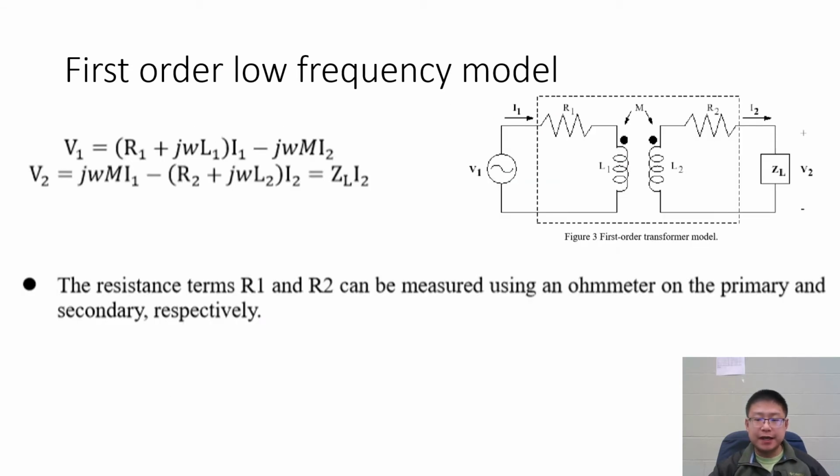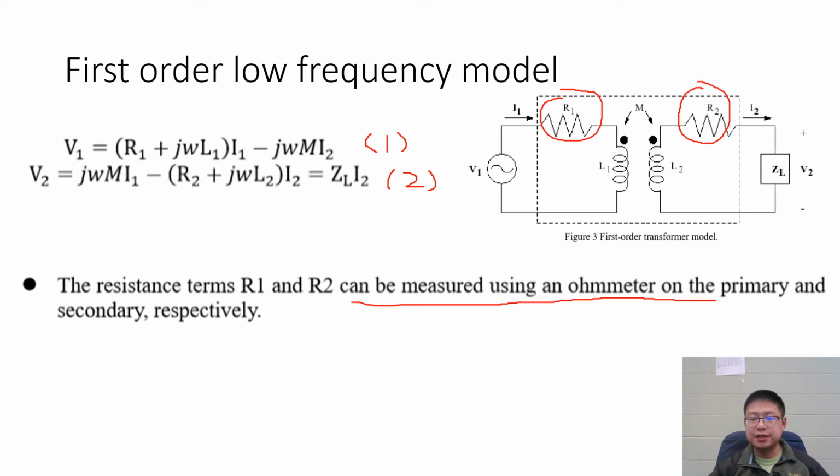Let's apply KVL on the primary side so we can obtain equation 1. And we apply KVL on the secondary side, we can obtain equation 2. We want to figure out the values for each component. First, R1 and R2 can be measured using an ohm meter directly.